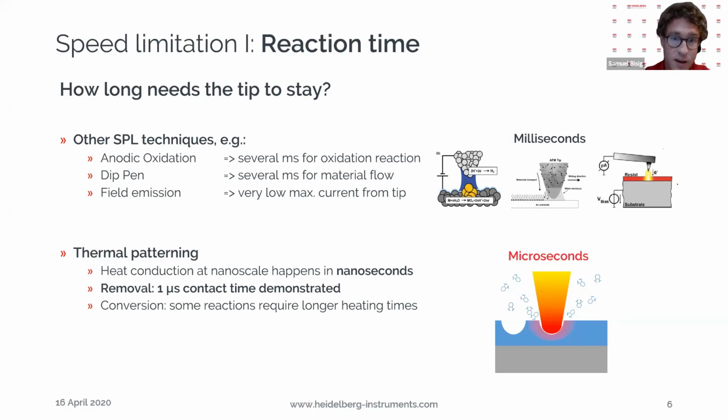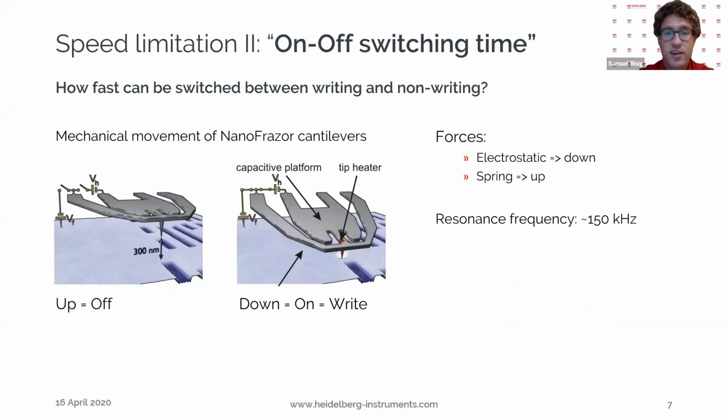So after the reaction is not a limiting thing, the question is how fast we can switch our cantilever on and off. You can see that the resonance frequency of our cantilever is in the range of 150 kilohertz, and that's basically the speed at which we can turn it on and off, running it at the resonance frequency.